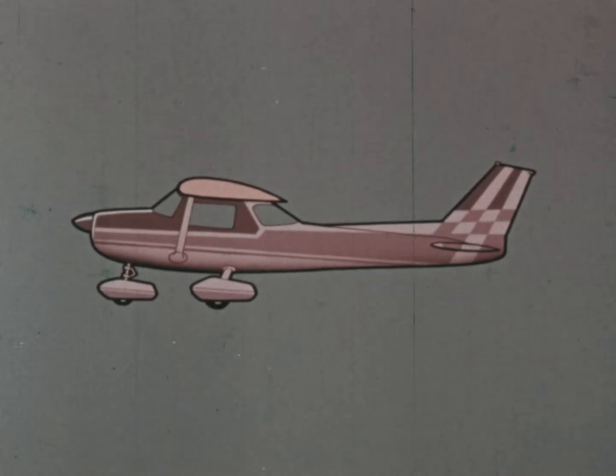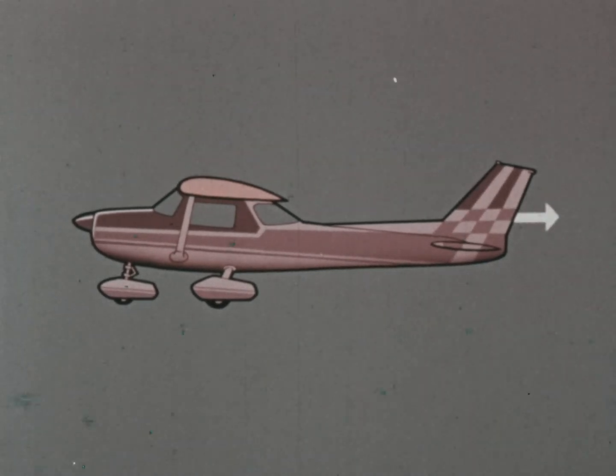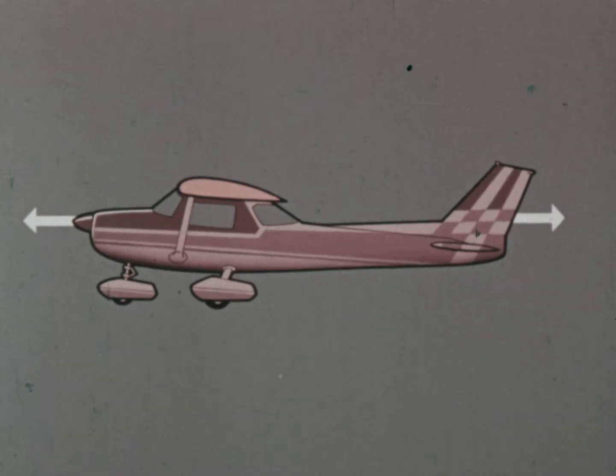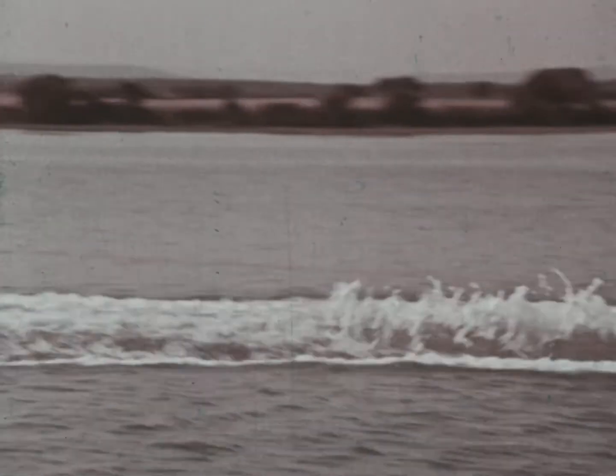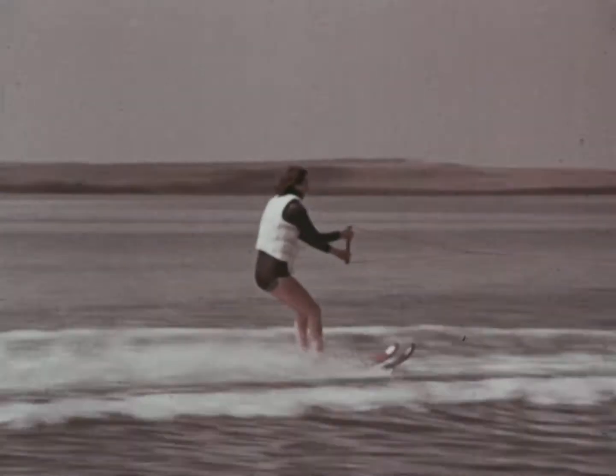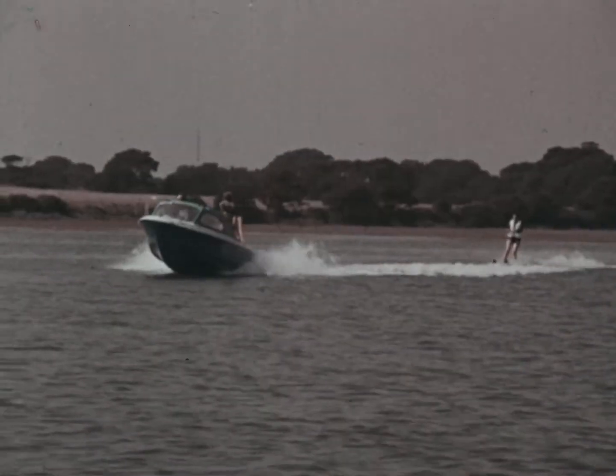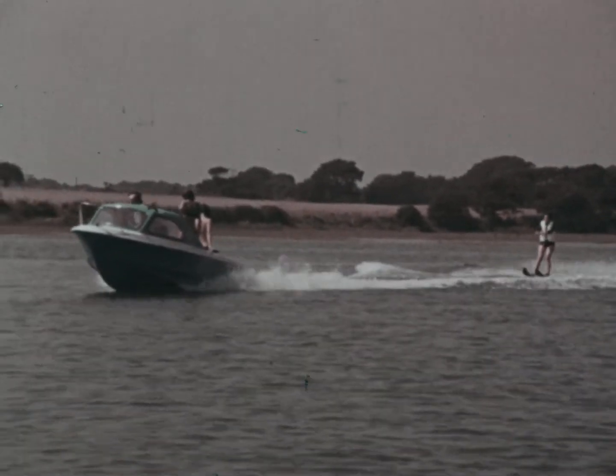At whatever speed the airplane is flying, however, the sum total of drag is equal to the thrust being exerted by the propeller. Water skis can help us understand this principle. The skis give us lift and drag. The motorboat provides thrust.